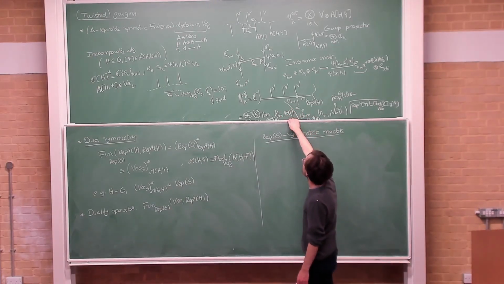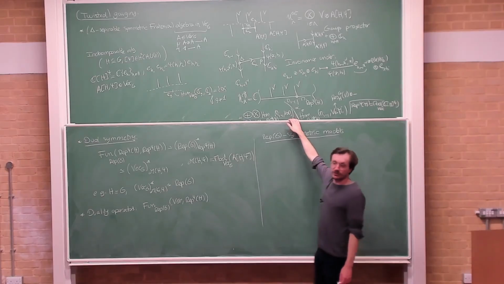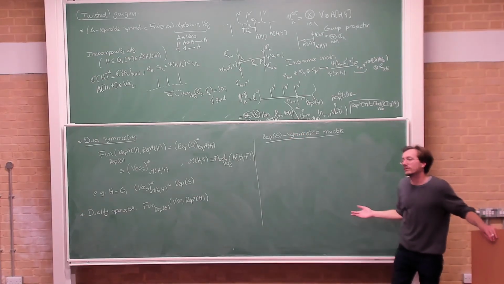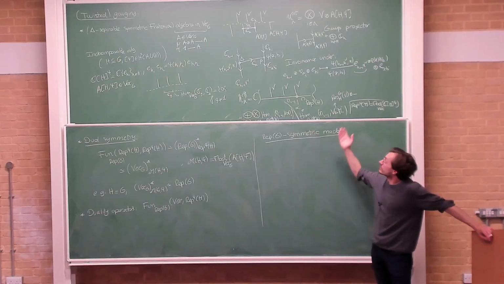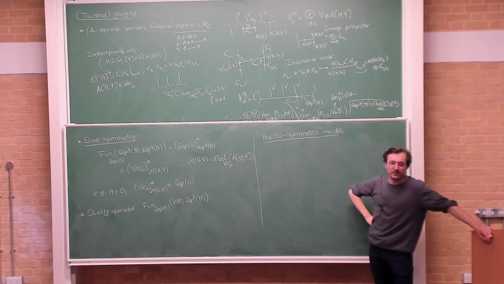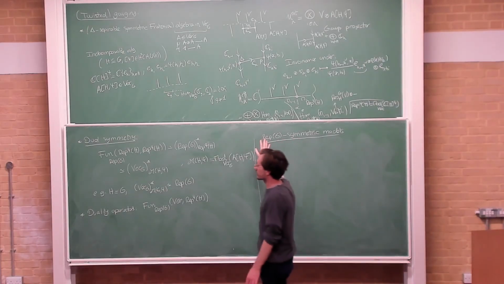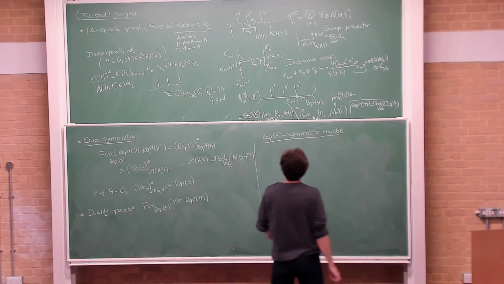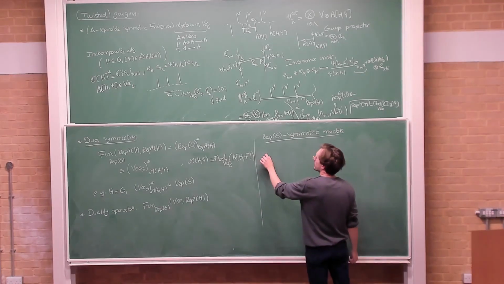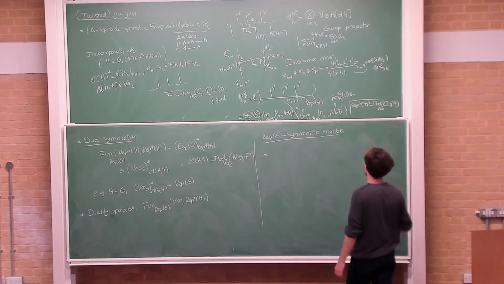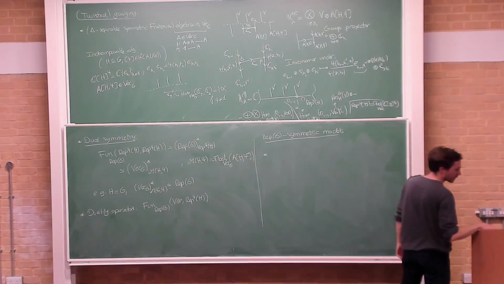As I said, if you start from a theory that has a Vec G symmetry, and you gauge the whole symmetry, you're going to get a new model that has a Rep G symmetry. But this is going to be defined on a Hilbert space that is not a tensor product space. Even though Rep G is non-invertible, we can actually define its action on a tensor product space, which I'm going to do now. It's just a different realization of the same symmetry, which illustrates a little bit how this works when you have a non-invertible one.